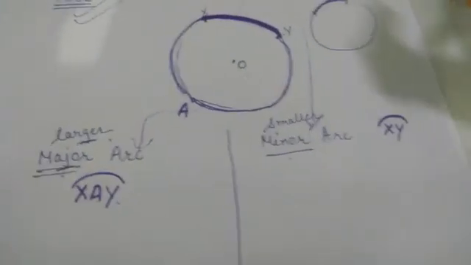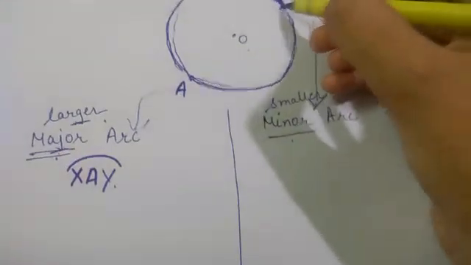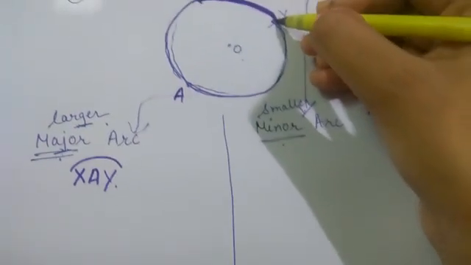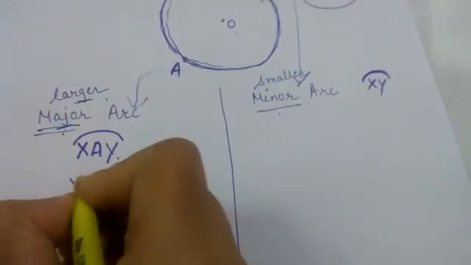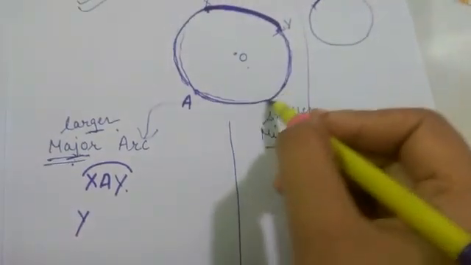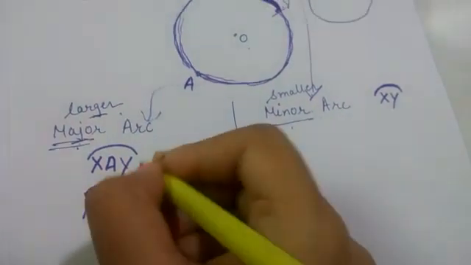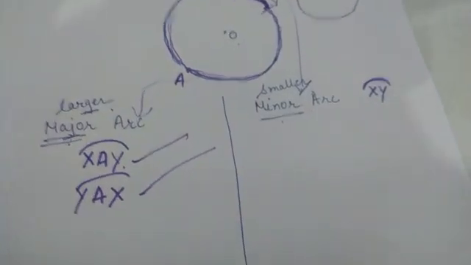Here the opposite also works. If anybody starts the journey from point Y, then firstly Y comes, so write Y. Then after that A comes, so write A. Then after that X comes, so that is also okay. These two are correct. Get it?